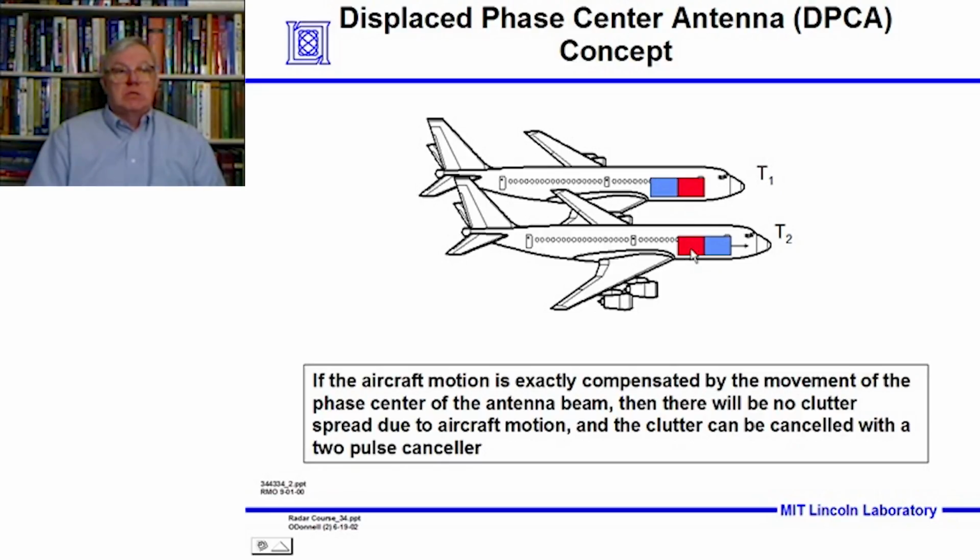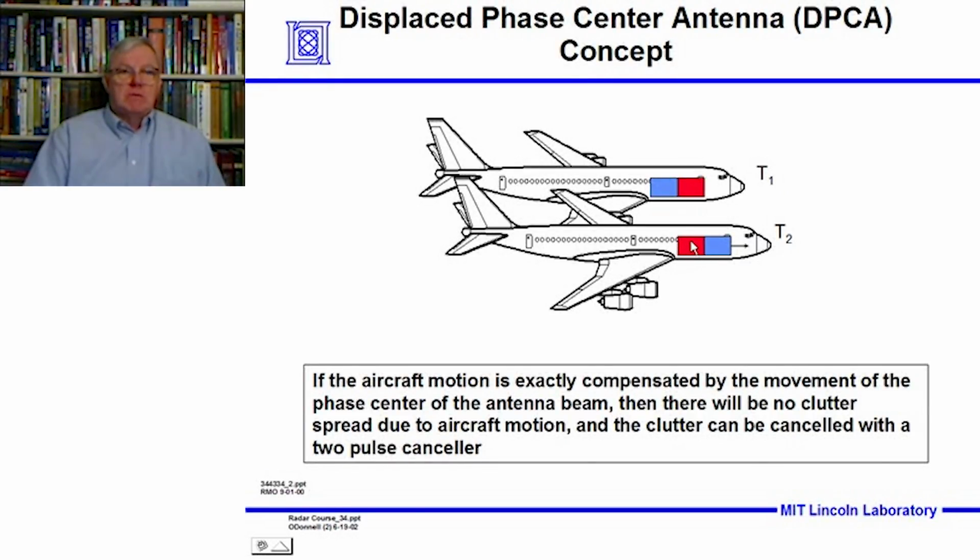So if the antenna's in exactly the same place, and the phase center that we sent out the beam, then there's no motion of the clutter on the ground, no spread, and we can cancel out the clutter from these two pulses with just a simple two-pulse canceller. Turns out it's a little more complicated than that.